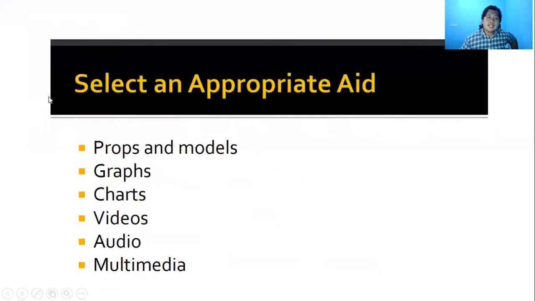Okay, to select an appropriate aid. We have different presentation aids, and it depends on you, on what you are going to use. Kung saan ka komportable, on which you are comfortable, you are going to use it, right?